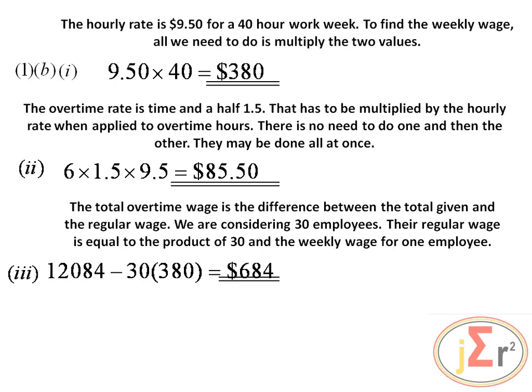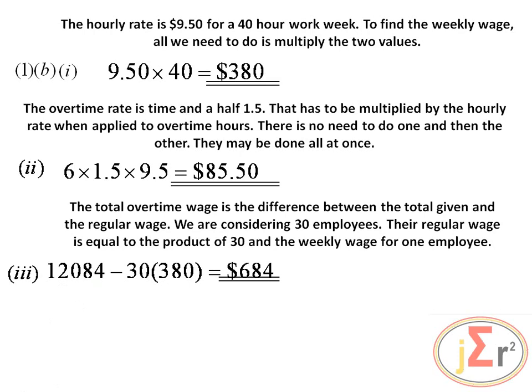In order to find the overtime, we need to take that basic wage for 30 employees for the entire week from the total that was given. And this total is inclusive of the basic wage for the 30 employees plus any overtime that was worked.